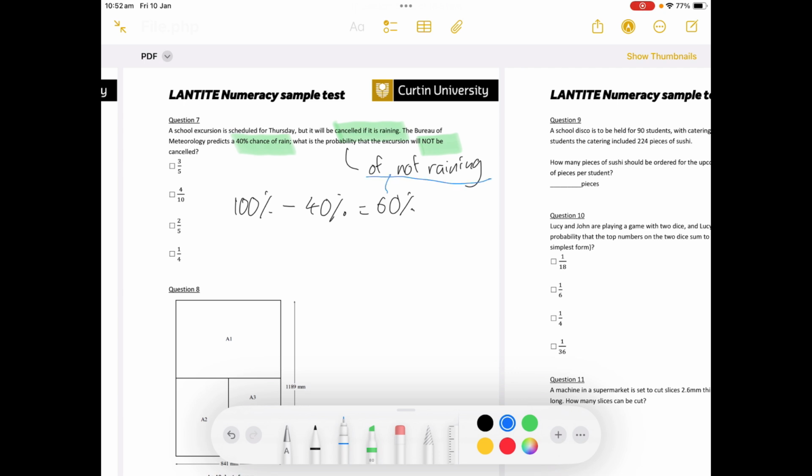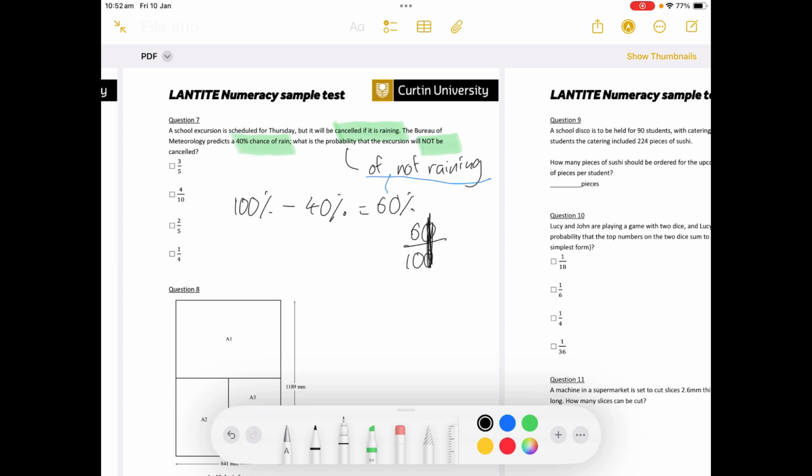Now, my answers are in fractions. So what I need to do is convert this 60% to a fraction, okay? Now 60%, any percentage is the same as saying that number over 100. So 60 over 100. Now we are going to simplify that. So easiest way to simplify things, if you've got multiples of 10, aka you got zeros at the back, let's chop off both these zeros.